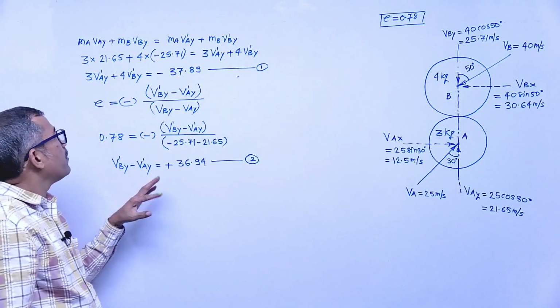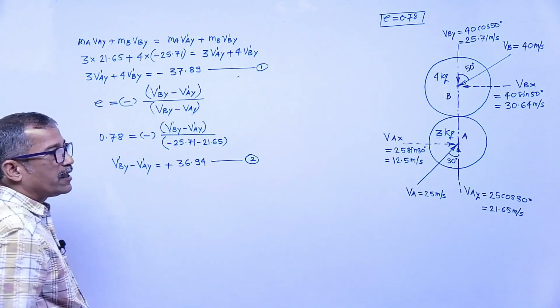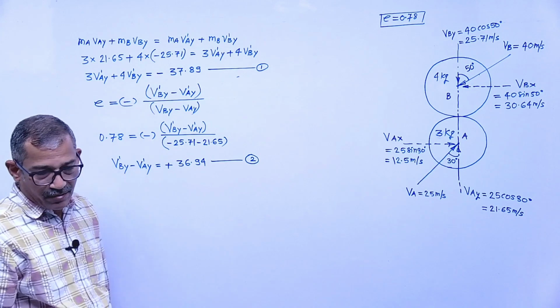Add and then divide by 7, so you will get VB dash y and VA dash y.